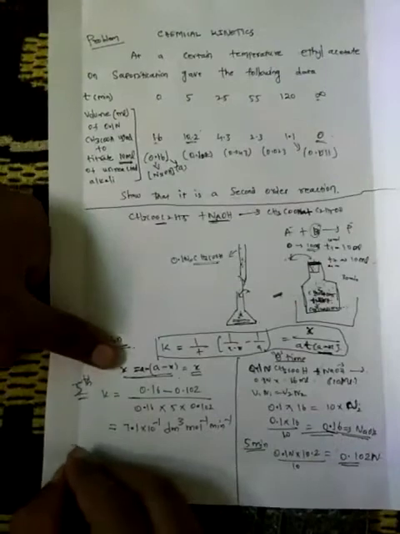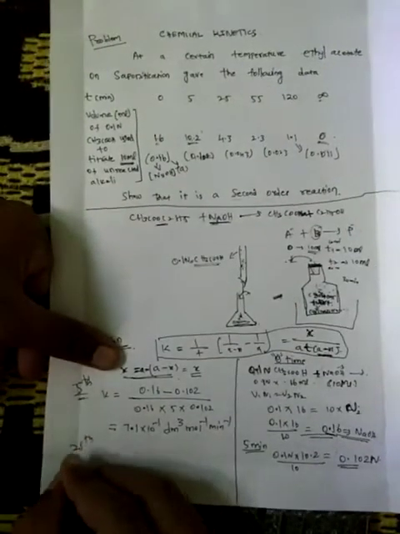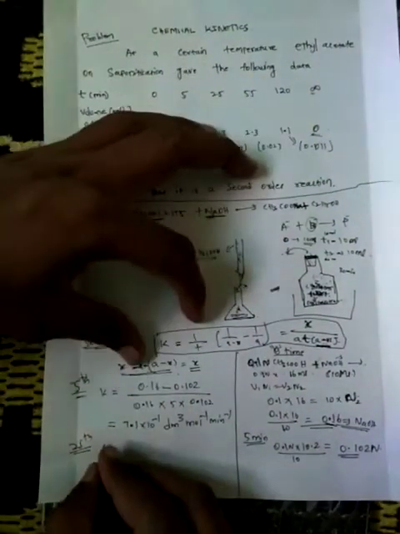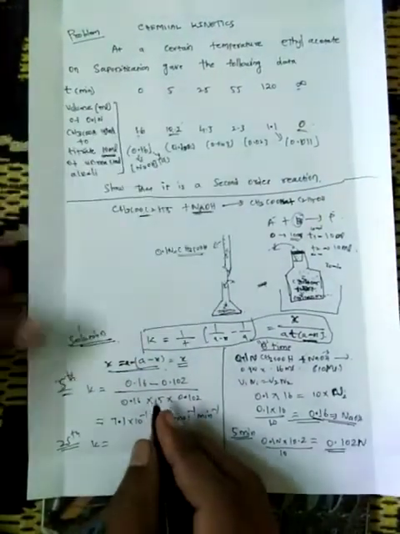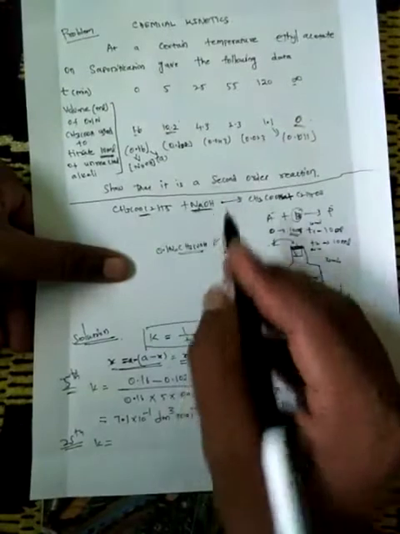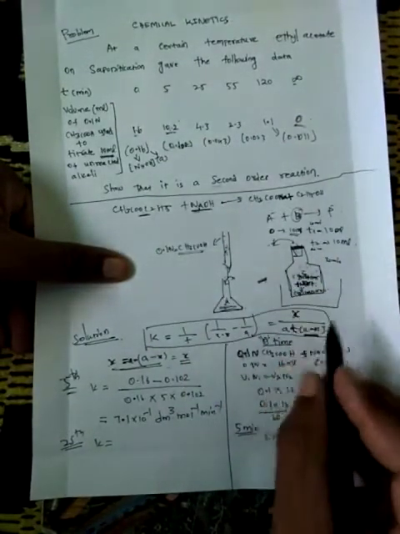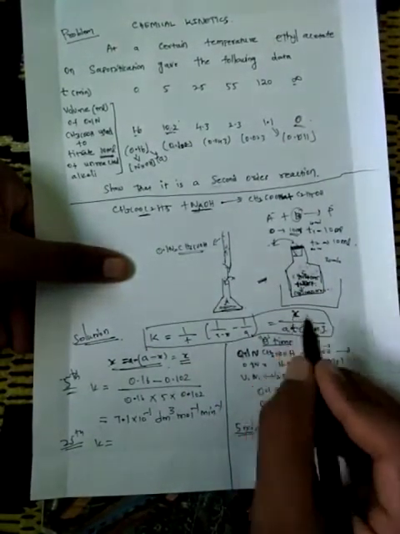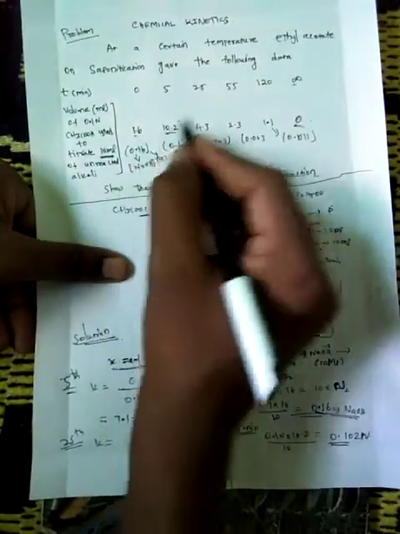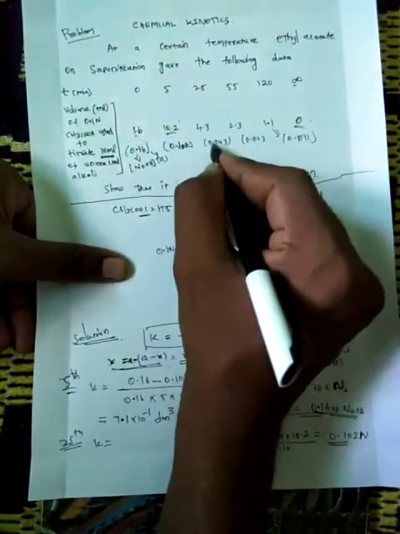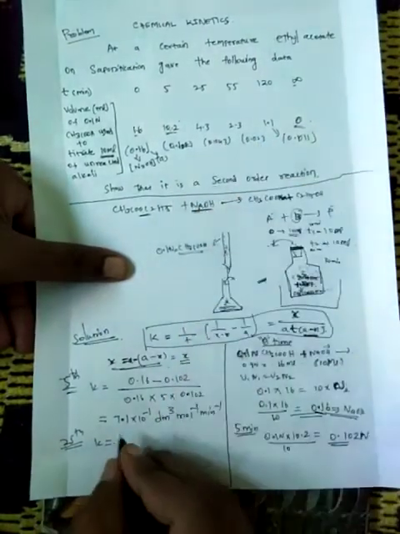At the 25th minute, k equals the x value at the 25th minute. Here look at the formula. The x value will be A minus x. A is 0.16. At the 25th minute, the A minus x value is 0.043.